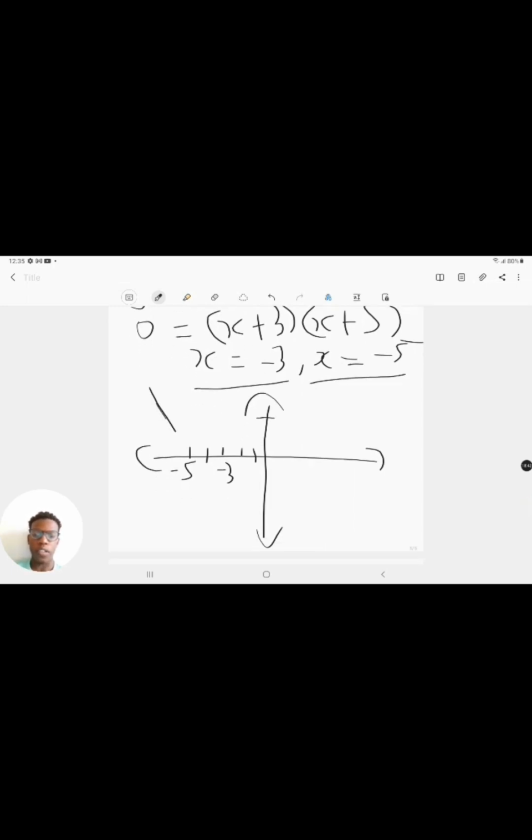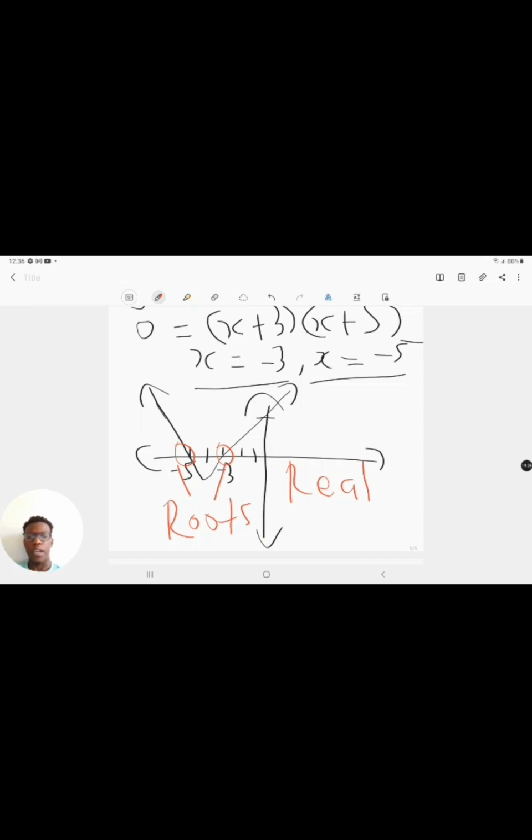And then my graph looks like that. Those two values, this value and that value, are my roots. Now, what can you tell me about these roots? Firstly, you will tell me that these roots are real.